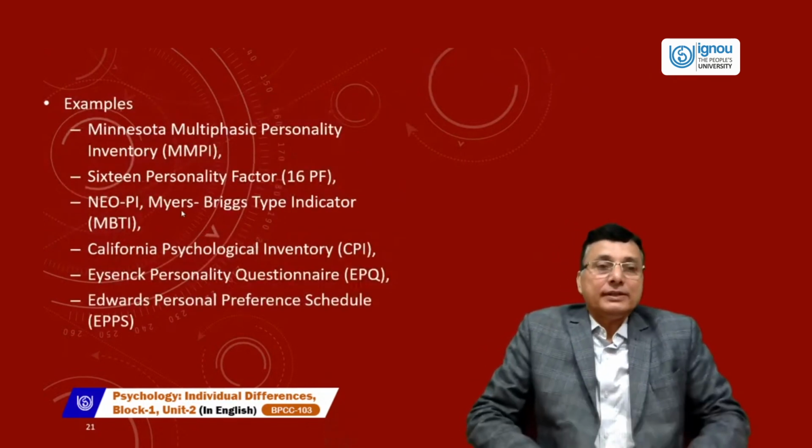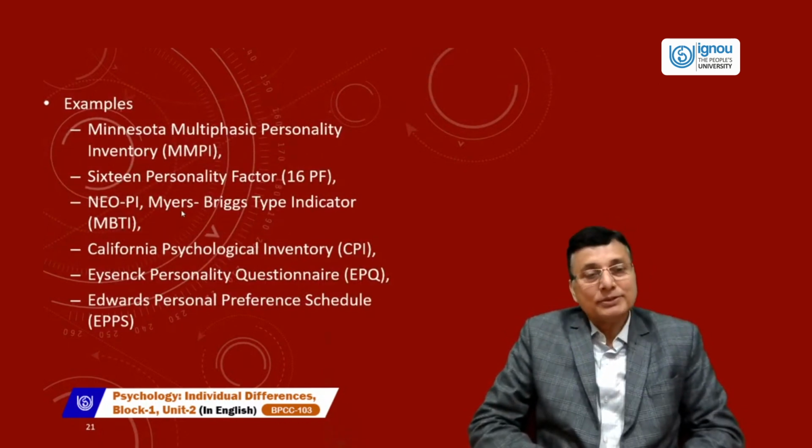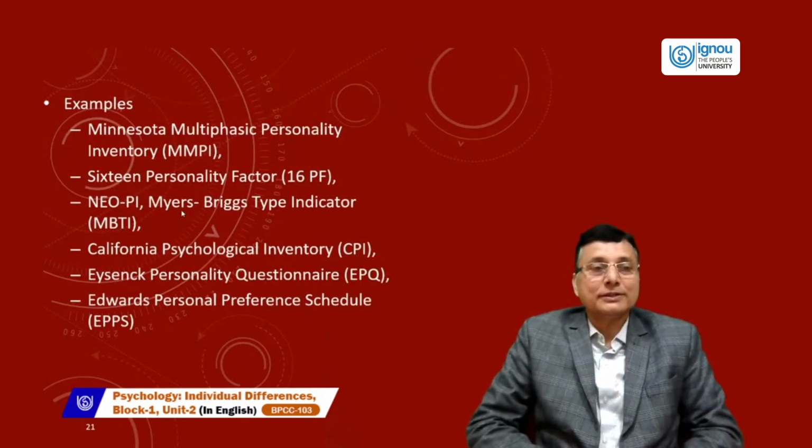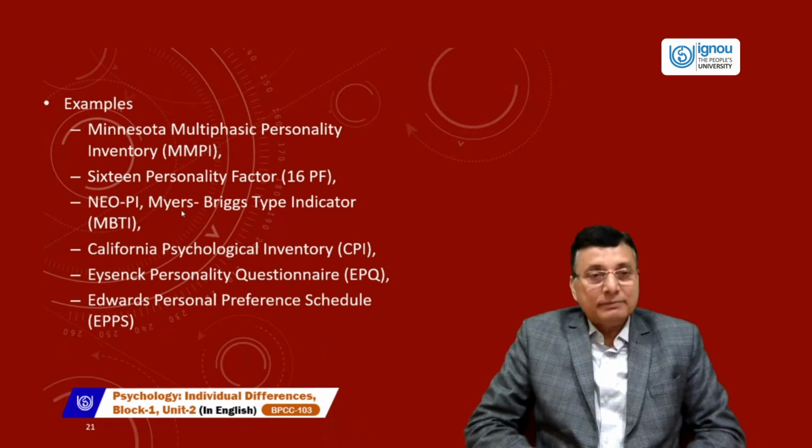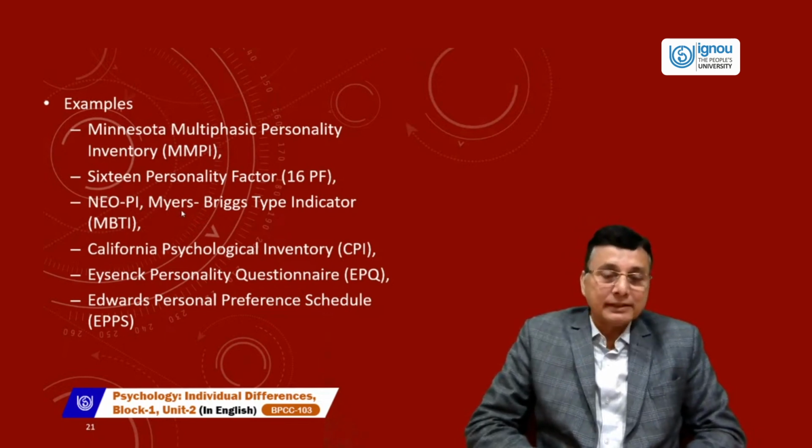So there are various personality inventories used in psychology. The oldest one is the Minnesota Multiphasic Personality Inventory (MMPI). There are several versions. Another one which is used more in our country, and is now very much in use, is the Millon Clinical Multiaxial Inventory (MCMI).